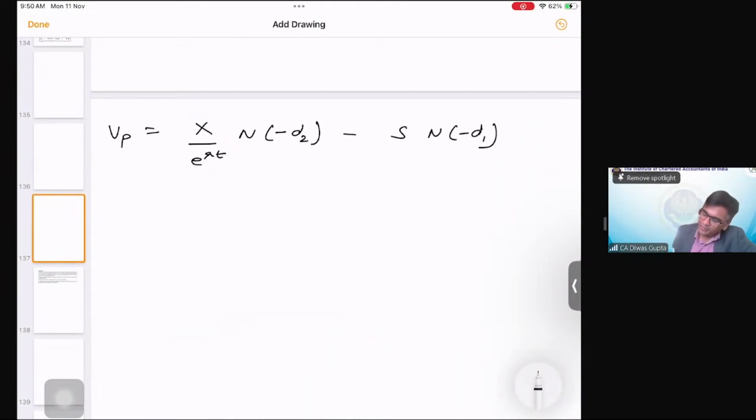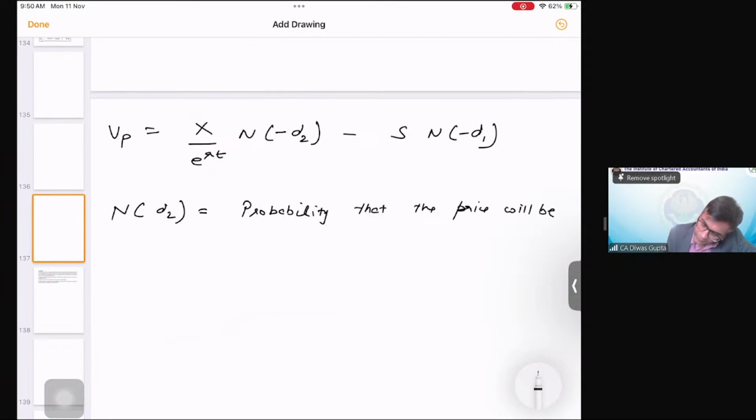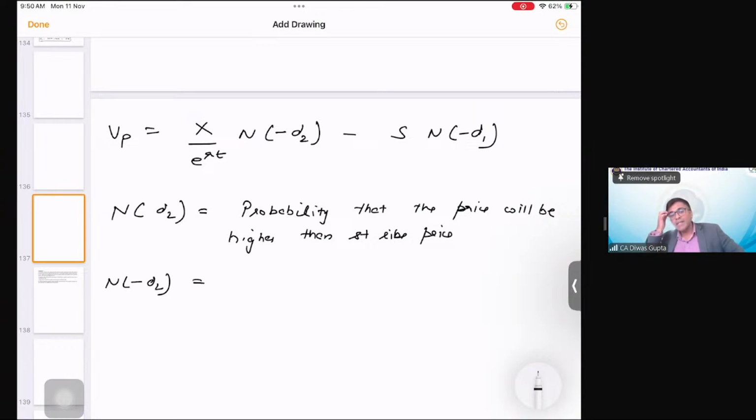Now, N(d2) was what exactly? N(d2) was the probability that the price will go up, will be higher than the strike price. Now, can anyone tell me what is this N(-d2), which we are using in the put option?